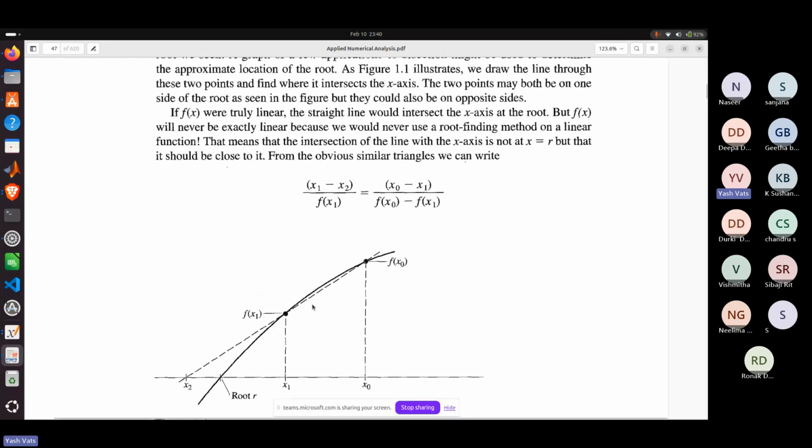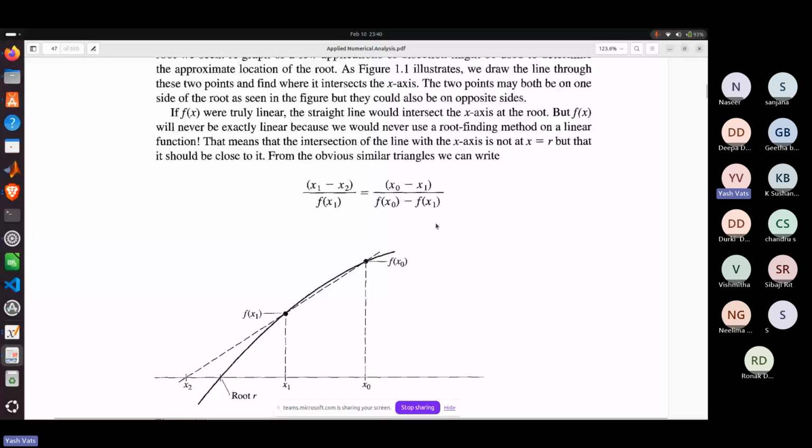So here, if I describe, they came to this type of equation using the property of similar triangles. So x1 minus x2 by x1. If I go here, then you look at the big triangle and the small triangle and try to use the property of similarity between the two triangles.